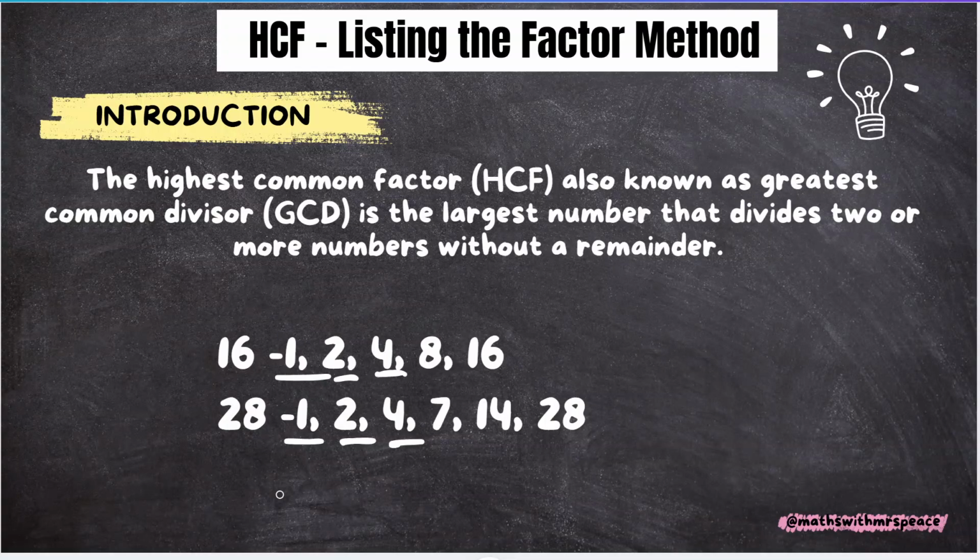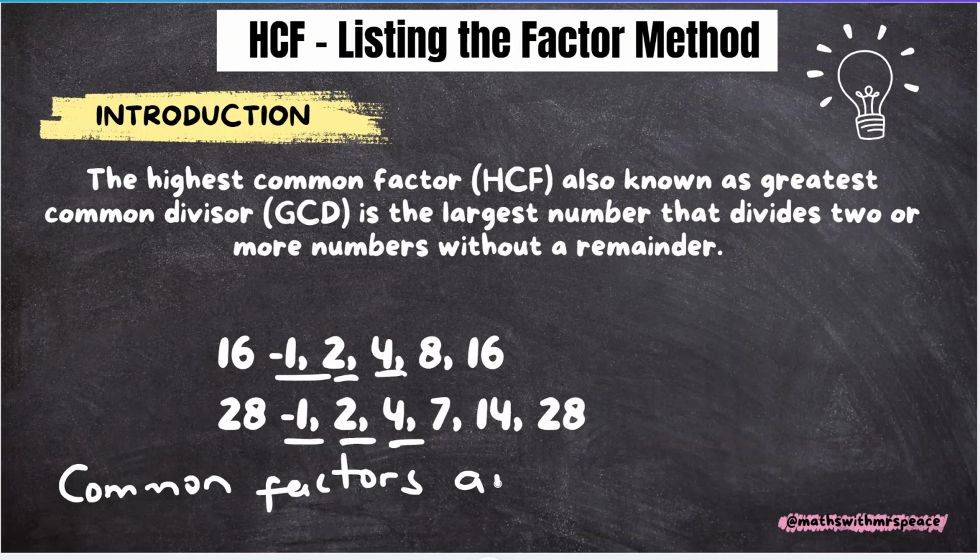And that's all the common factors I'll have between 16 and 28. So we can note that out and say common factors of 16 and 28, if you like, are 1, 2, and 4.